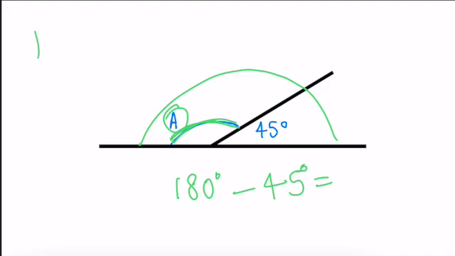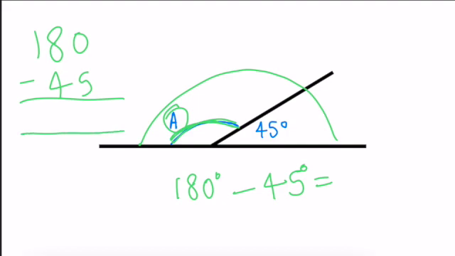So 180 minus 45. Now some of you will have worked out that in your head, and that's absolutely fine. So 135 there.